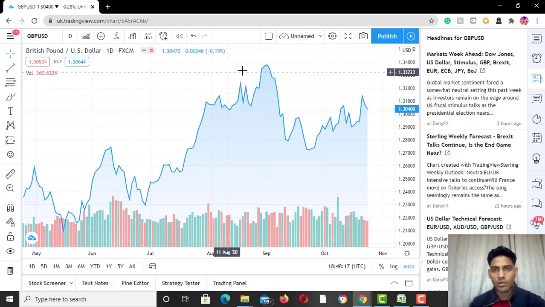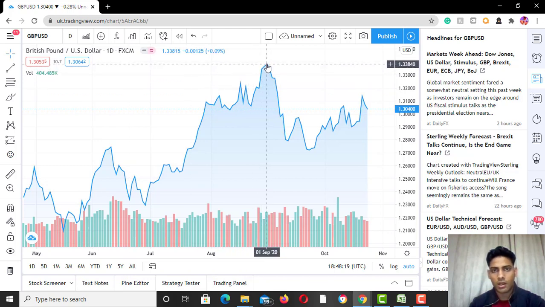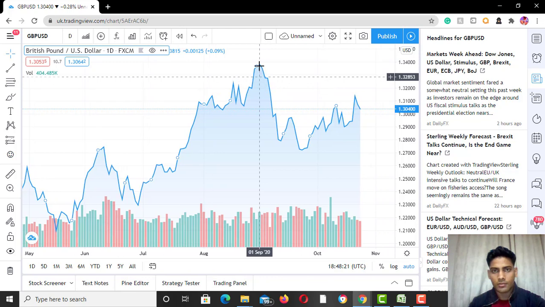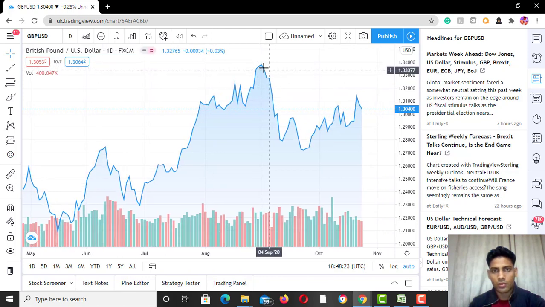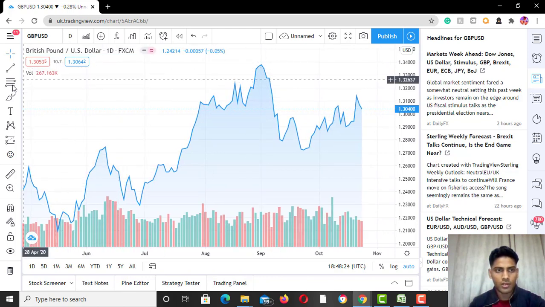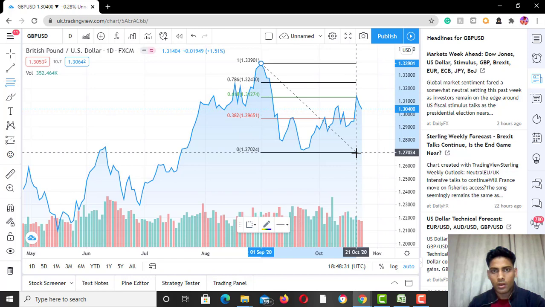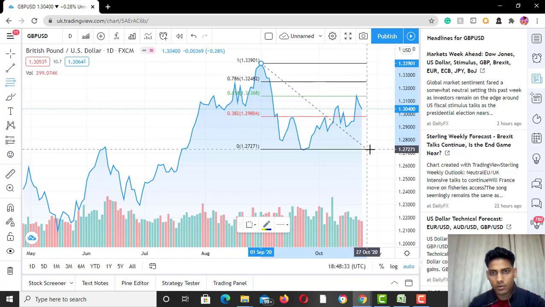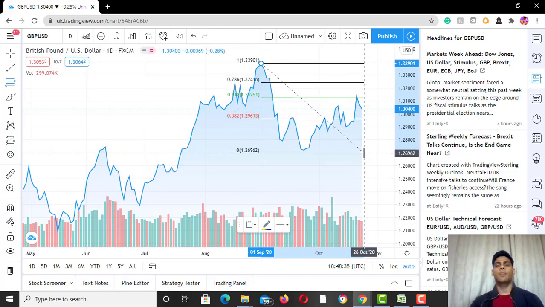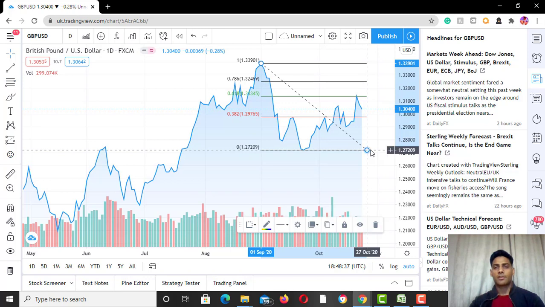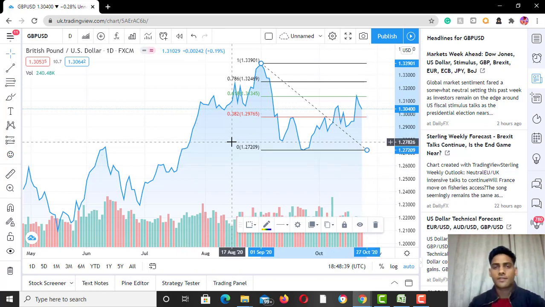So click the Fibonacci tool. I click from high to low and you can see there now. There we go. That's the Fibonacci.